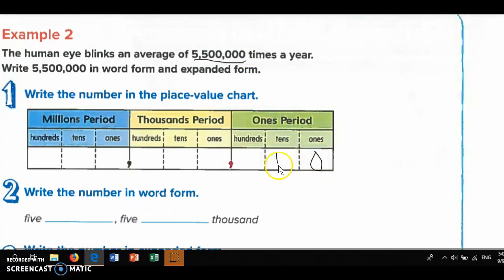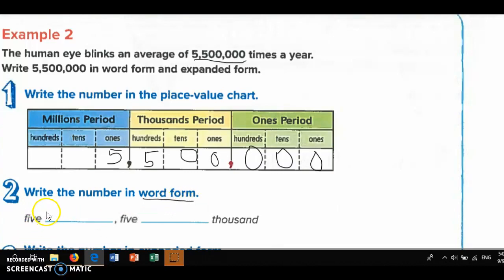So we have 3 zeros, 3 zeros, another 2 zeros, and then we have a 5 and a 5 for the millions. So let's read this number: 5,500,000.